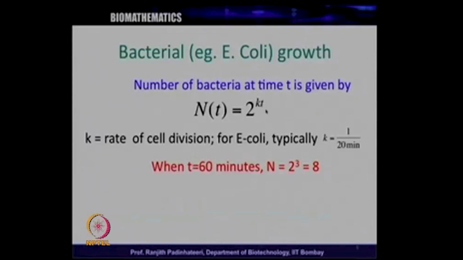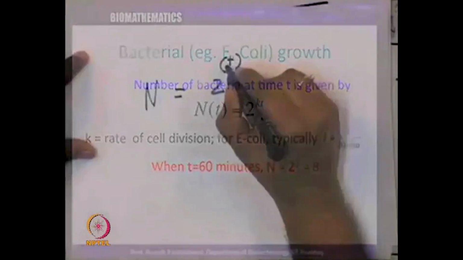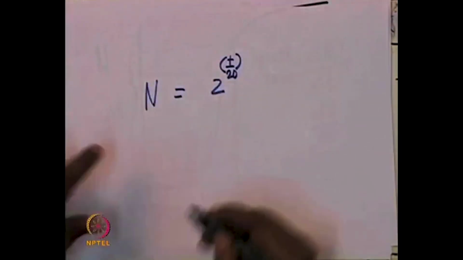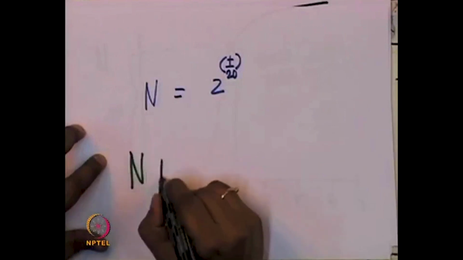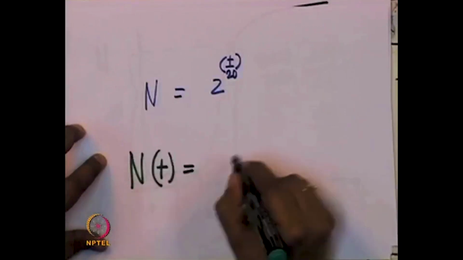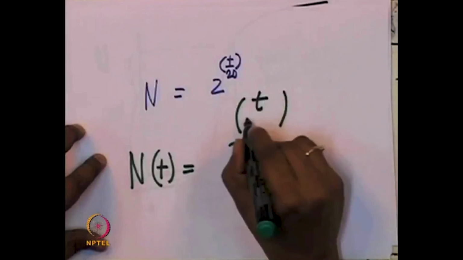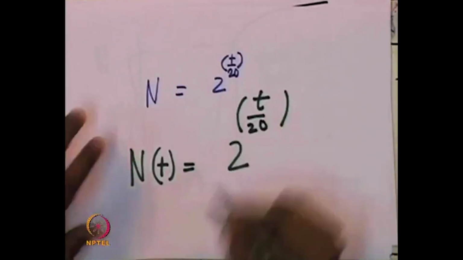If you take t in minutes, k is 1 over 20 per minute. So n of t is 2 power kt, which is t by 20. Let me write it again more clearly. So at any time t, n is 2 power t divided by 20, where t is time in minutes.